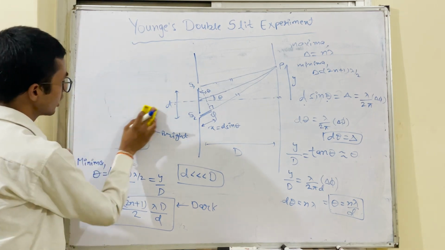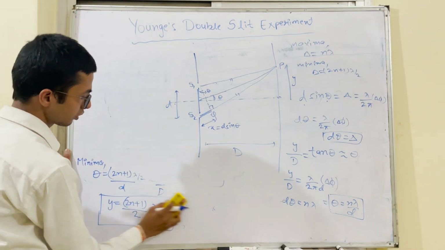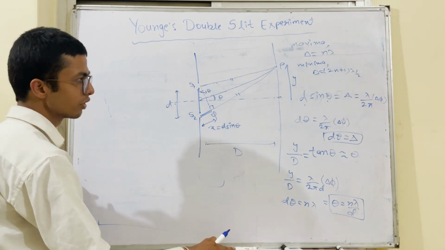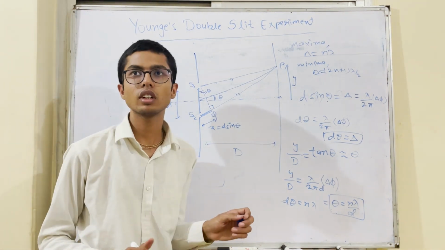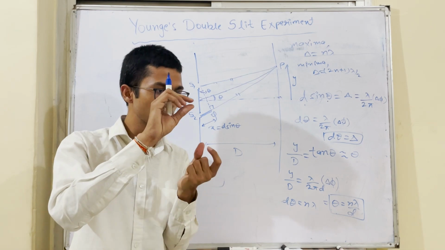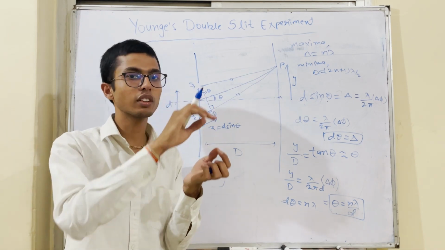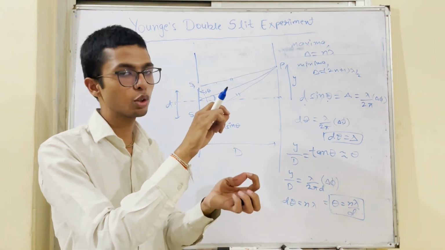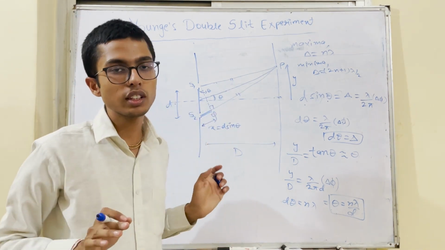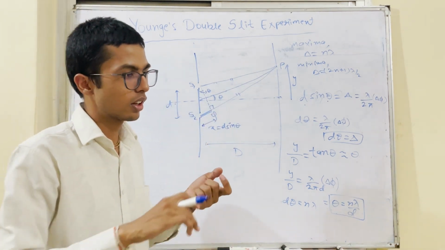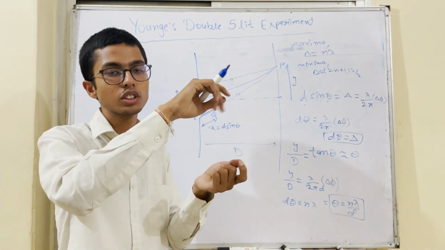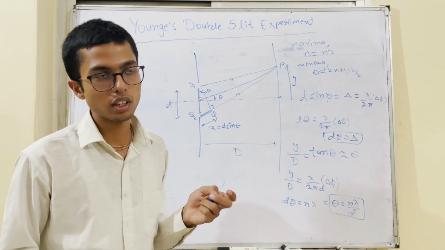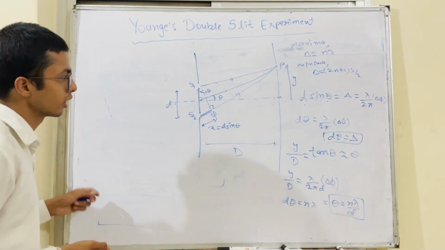Fringe width is the distance between two consecutive bright fringes, or the distance between two consecutive dark fringes. Either one we can take.